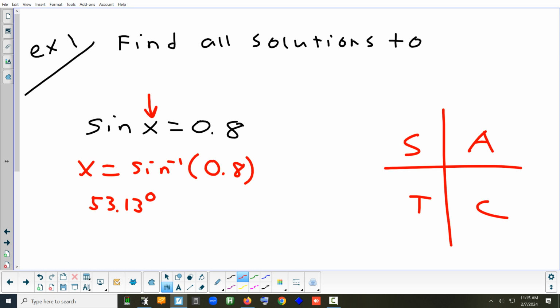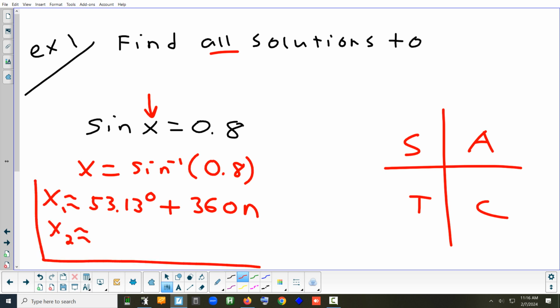First of all, we need to take into account all solutions. So can somebody describe this solution continuing forever? You've got to add 360 degrees times n for the number of times that it repeats, because the period is 360. There's also going to be a second solution. Yes, there is.